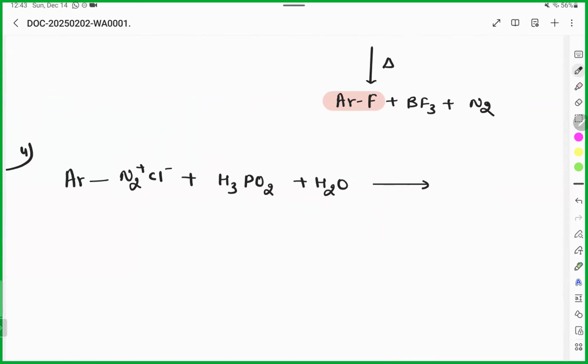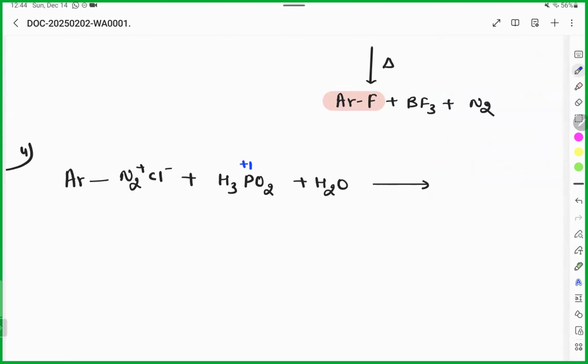Anvita, what is the oxidation state of phosphorus in this case? Yes, +1. Correct.